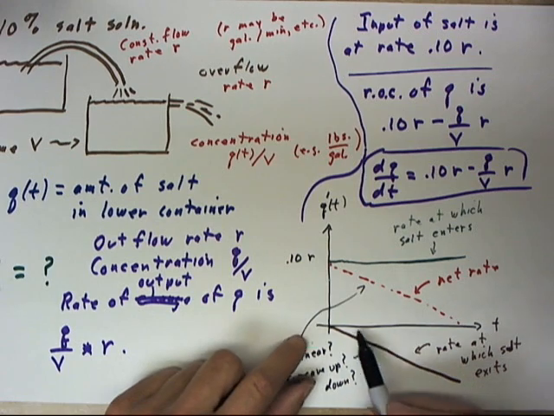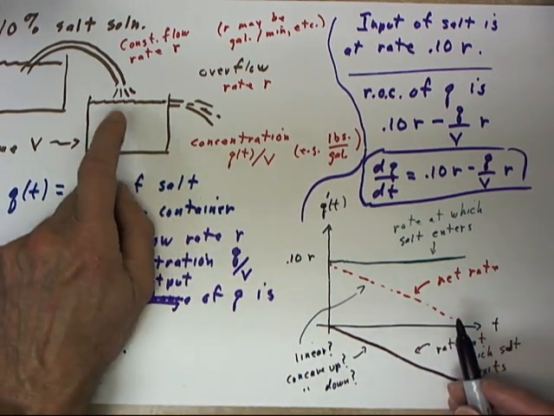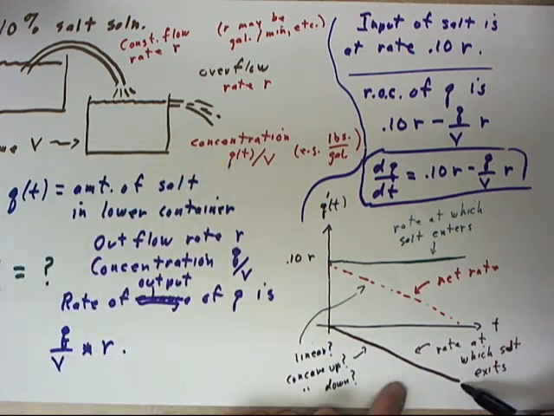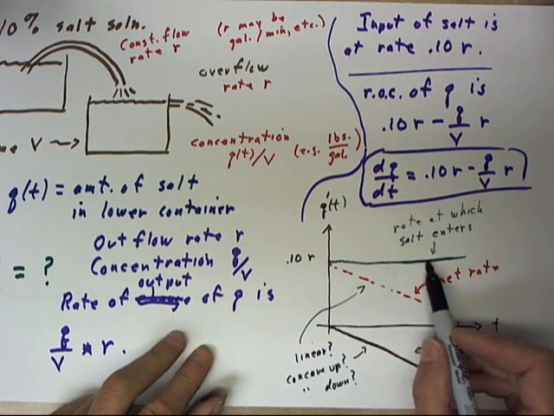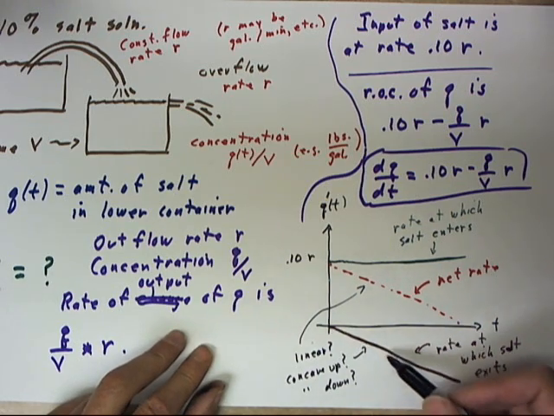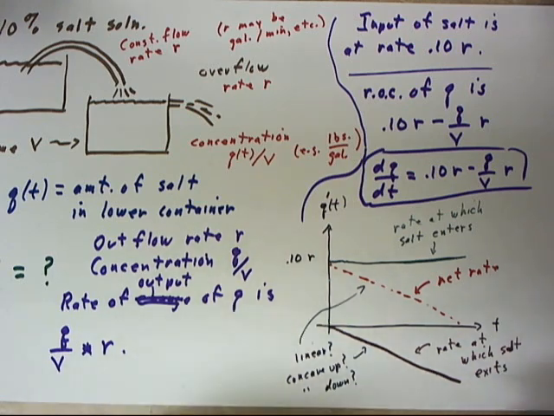The greater the time, the greater the concentration in this vat. And the greater the concentration in this vat, the more salt is going to flow out. So we have the rate at which salt enters, and we have the rate at which salt exits.